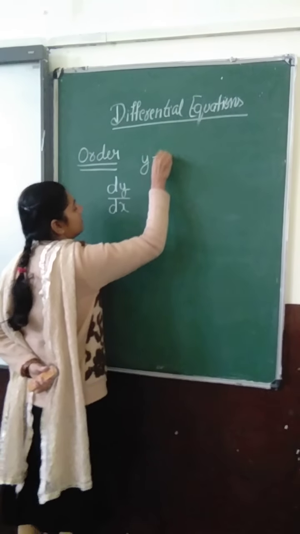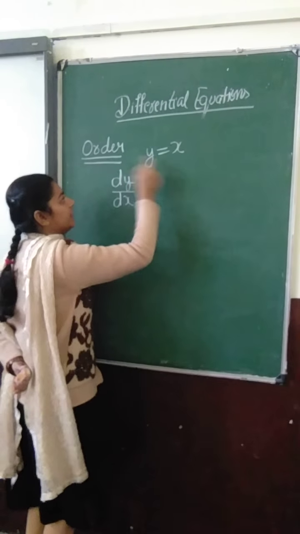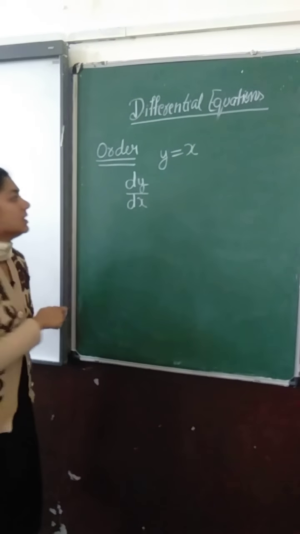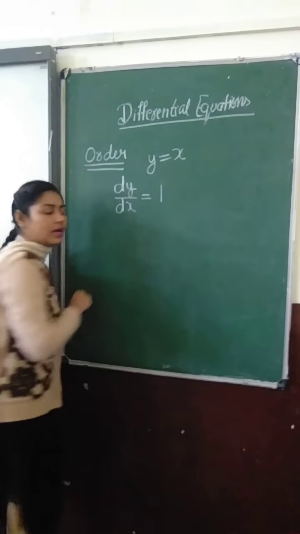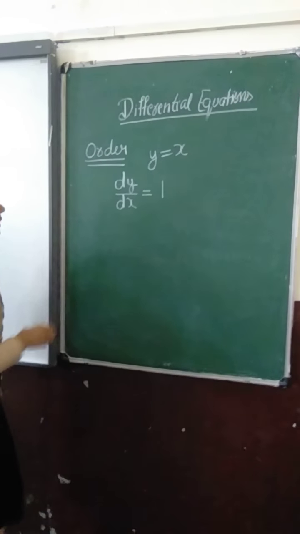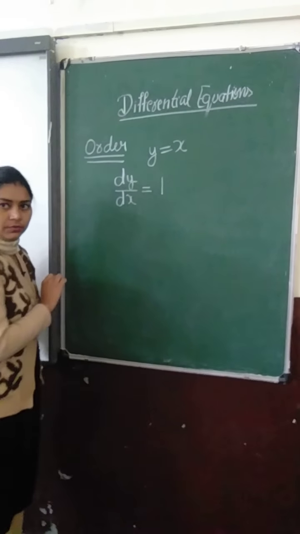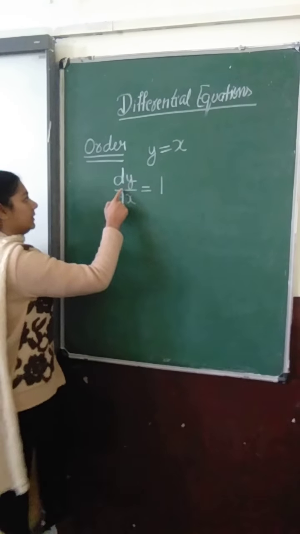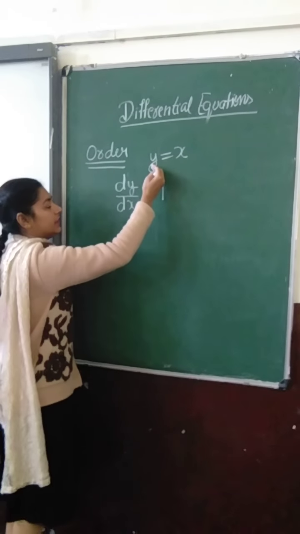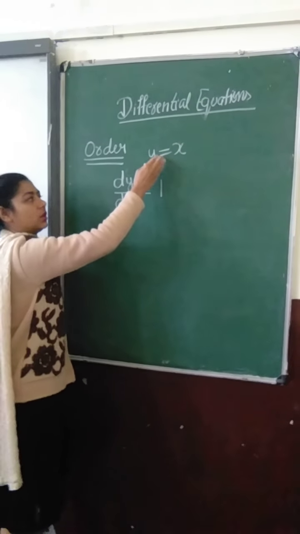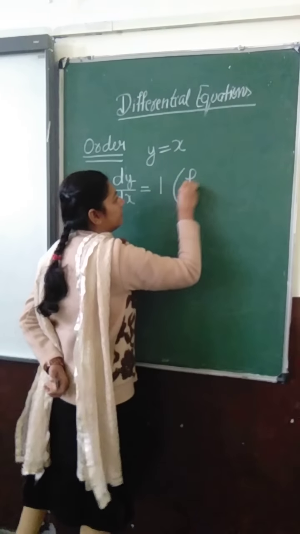Suppose y is equals to x, okay, and I am differentiating it with respect to x. So what I am getting is dy by dx equals to 1. So what can I say about this? This is first order derivative, because here the power is 1, means we are derivating this particular linear equation one time. So this is first order derivative.